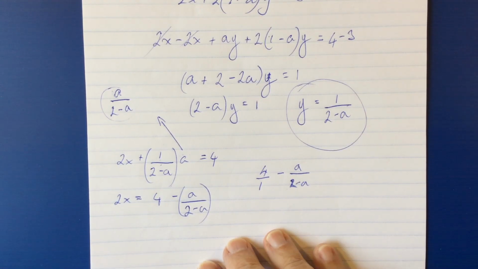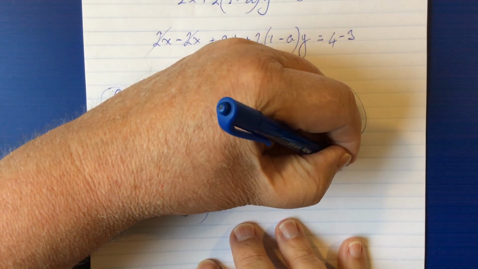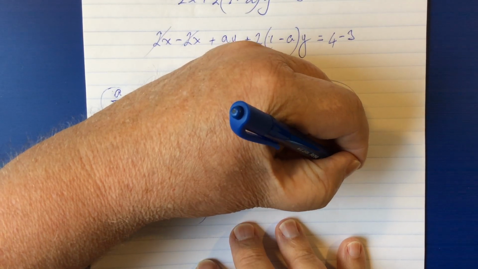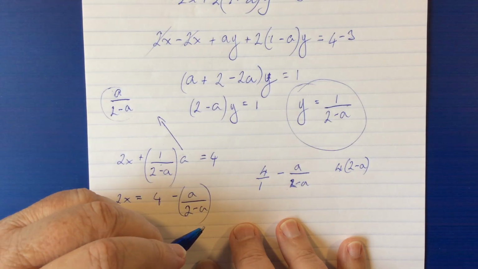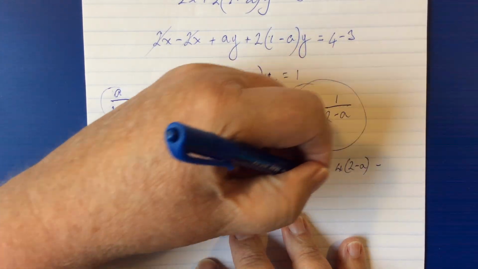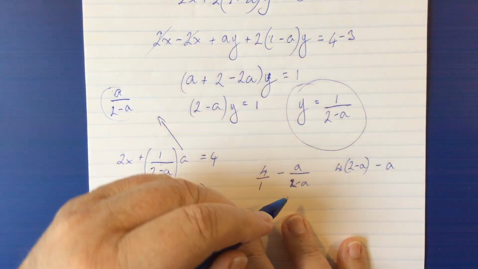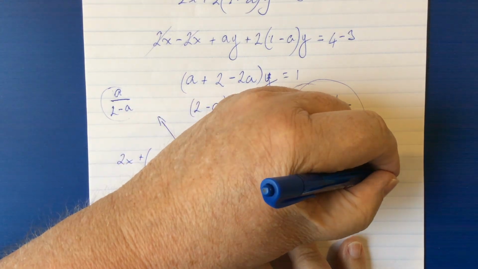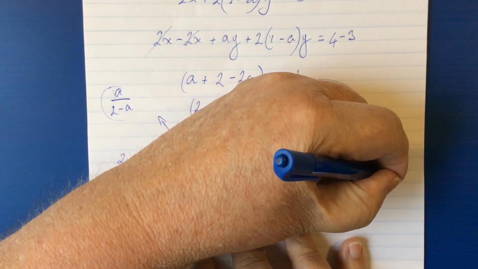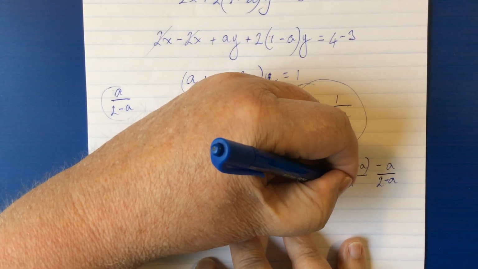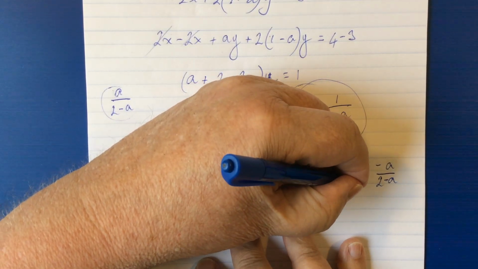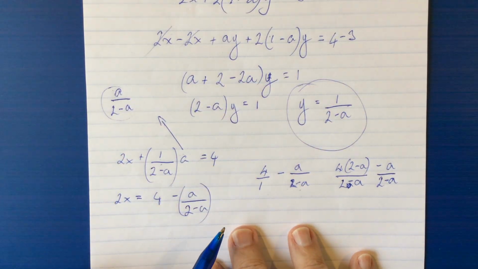And so we have 4 into 2 minus a minus a, so we're just cross multiplying, and that is over 2 minus a, so we have a common denominator.